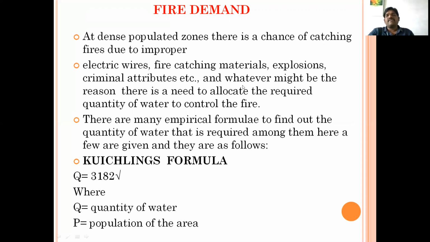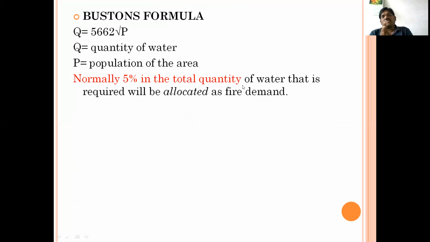The next one is Boston's formula, which can be adopted to control the fire, and the formula is Q equal to 5662 root P, where Q is quantity of water and P is population of the area. Normally, 5% of the total required quantity of water will be allocated for fire control, as part of fire demand.